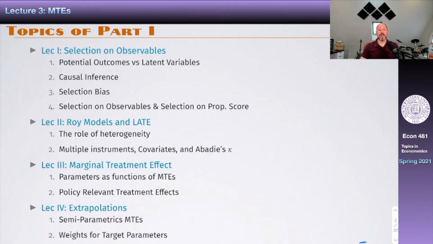Once we understand what marginal treatment effects are, we are going to discuss the so-called parameters as functions of the marginal treatment effects, and then we're going to introduce the concept of policy-relevant treatment effects.